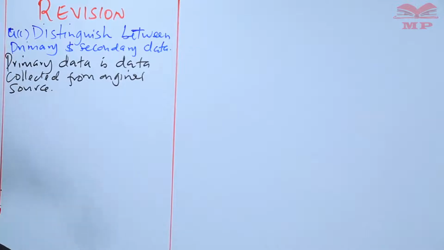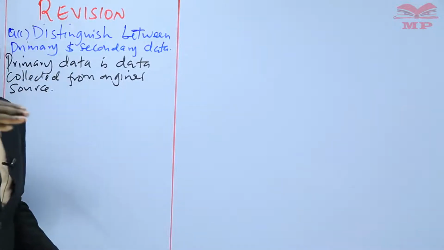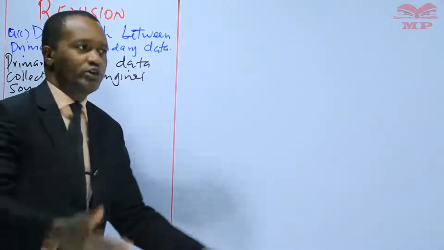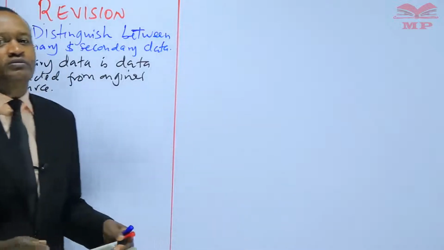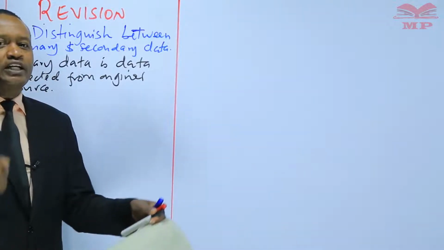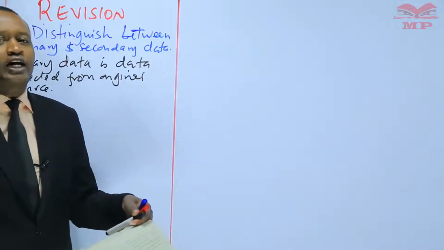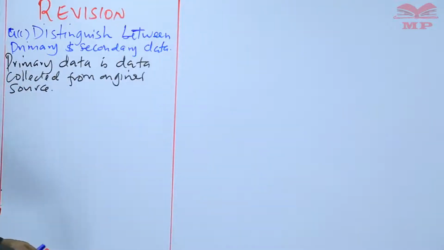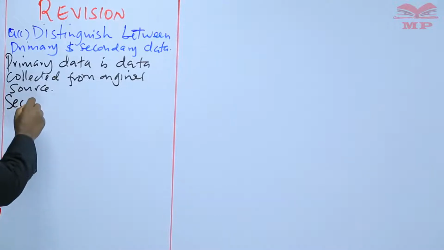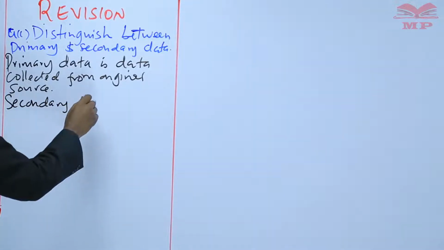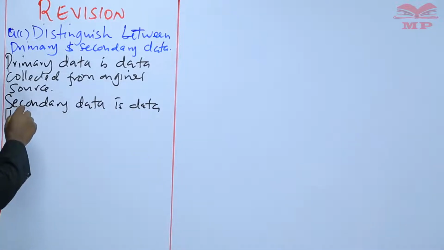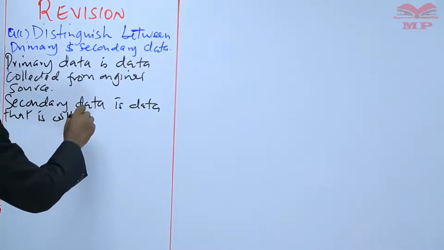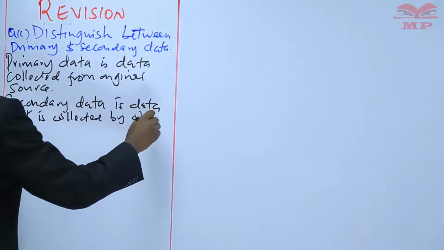Then secondary data, candidates, is data that has already been collected and analyzed by other people. It is obtained from published or unpublished sources. Secondary data is data that is collected by other persons.